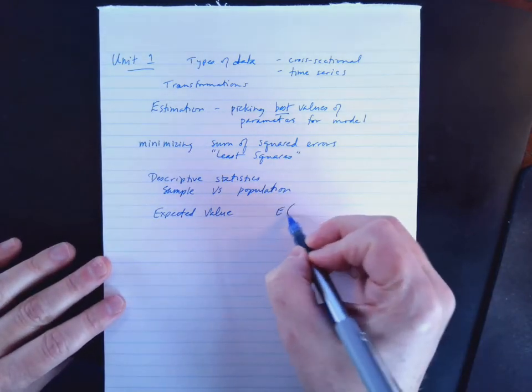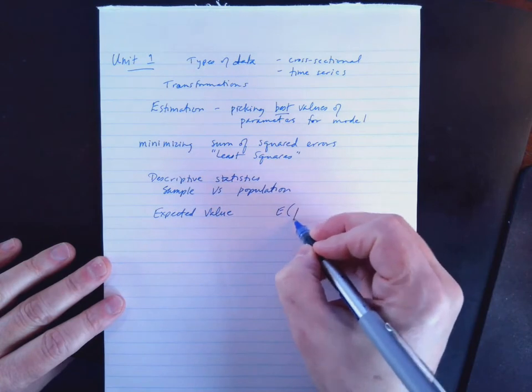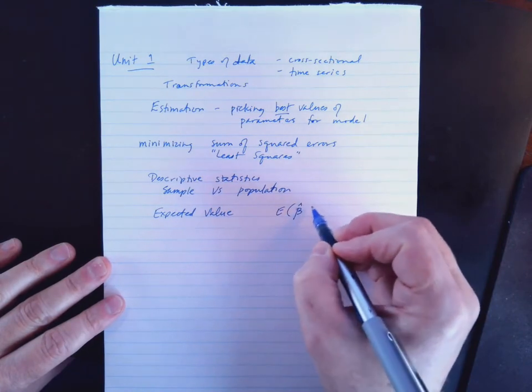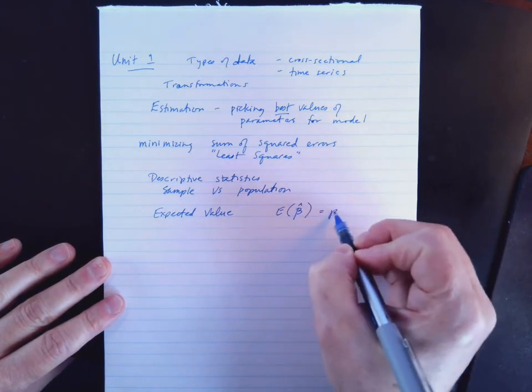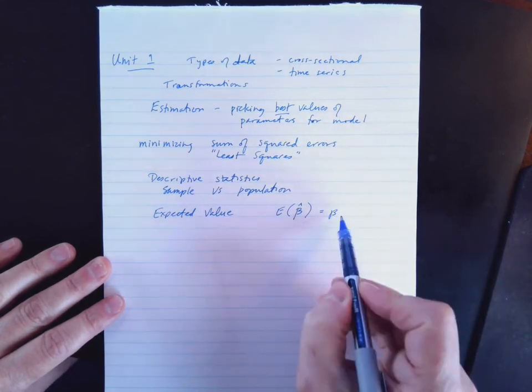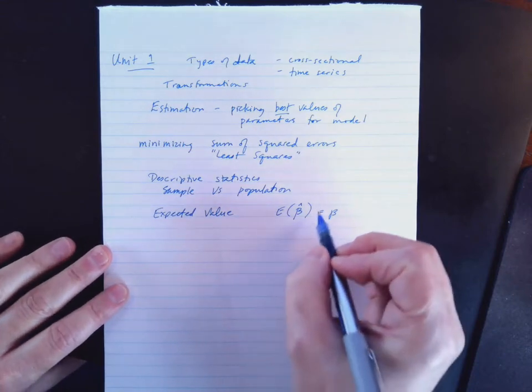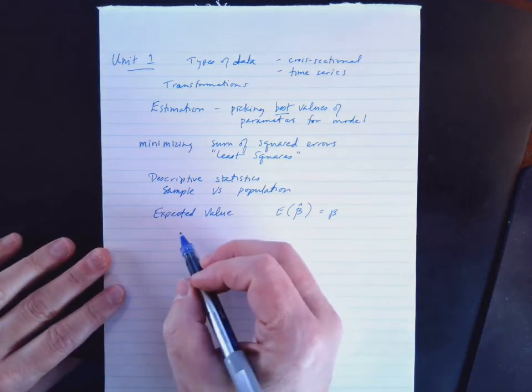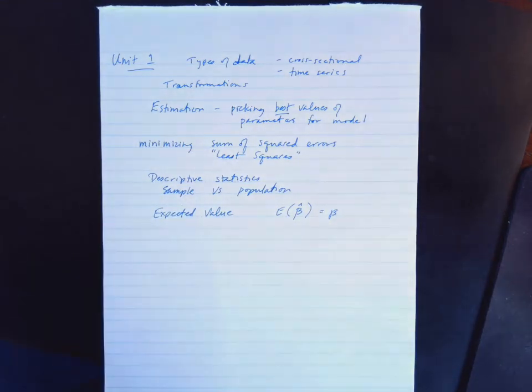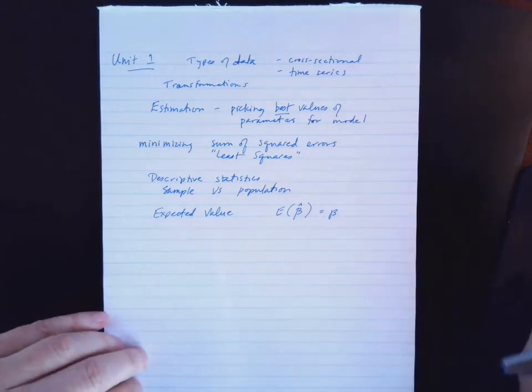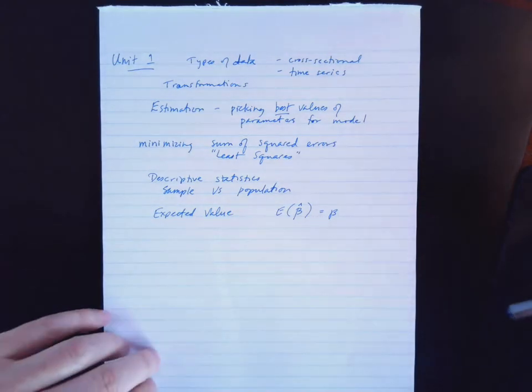So the idea: there's an expected value of our coefficient estimate beta hat, and if the expected value equals the true value, then you have an unbiased estimator. That came later. And then things like variance, correlation, and covariance. So basic statistical tools for our course.